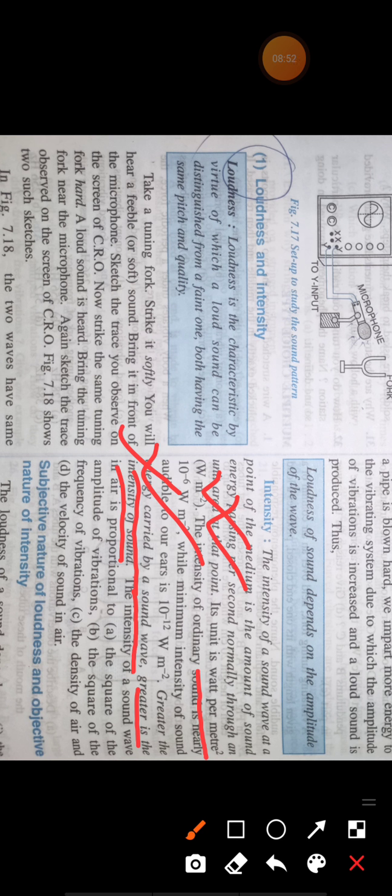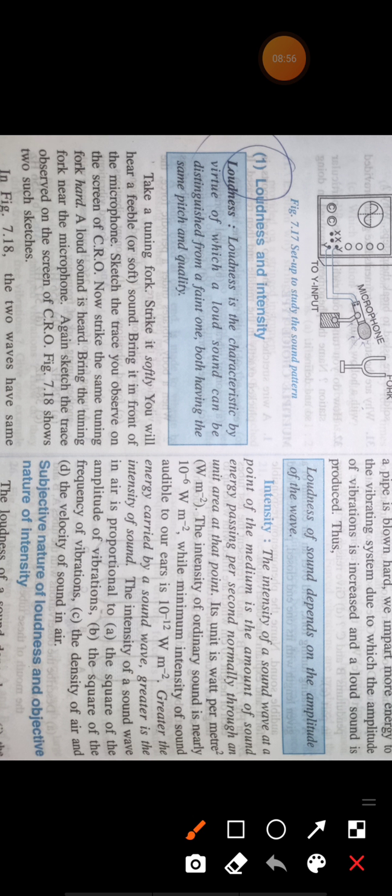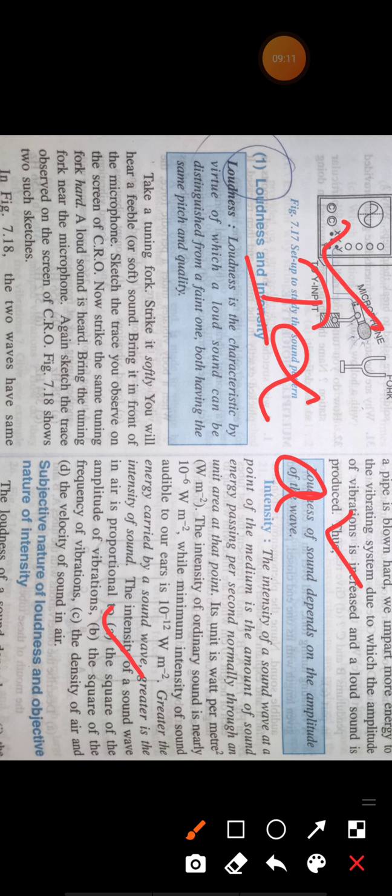Now intensity depends on a few things. First is the square of the amplitude of the vibration, and the square of the frequency of the vibration. Square of the amplitude means if you increase the amplitude 2 times, the intensity will increase 4 times. If you increase the amplitude 3 times, the intensity will increase 9 times.